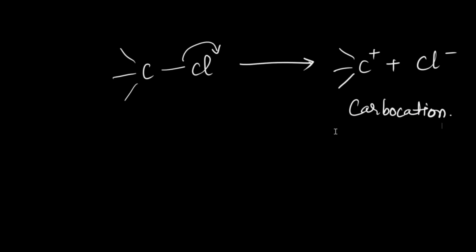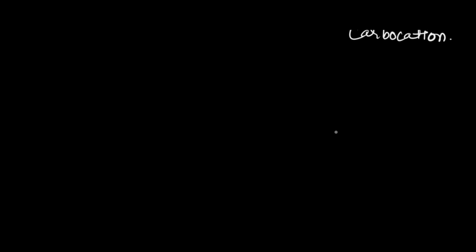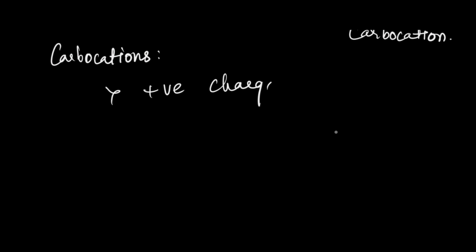Okay, so what are the properties of these carbocations? Of course, these are positively charged species. These are one of those intermediates. Positively charged. And what about the hybridization?